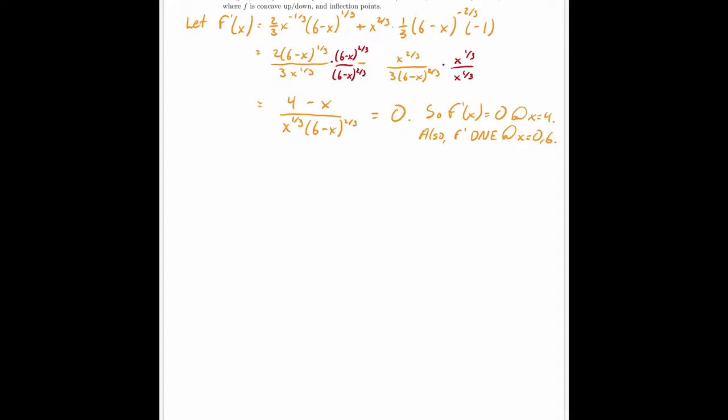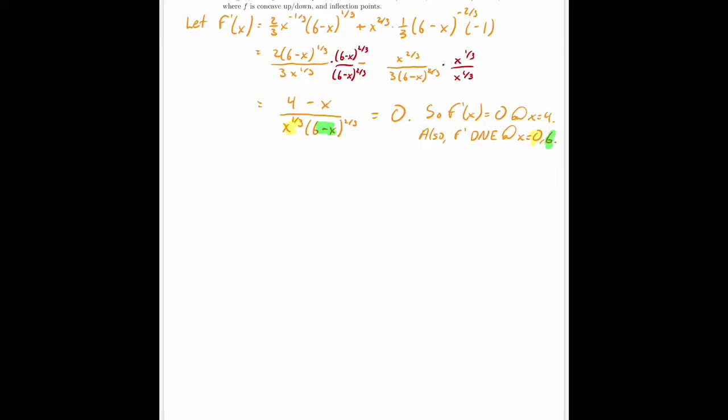At 0, we're dividing by 0. At 6, we're also dividing by 0. That's a little off the beaten path. Remember that a critical number is where the derivative equals 0 or does not exist.